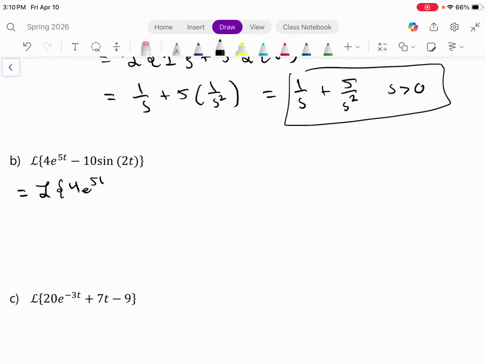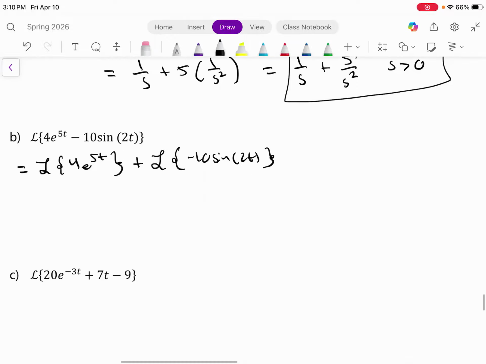So 4 e to the 5t, plus the Laplace of negative 10 sine of 2t. Our linearity property lets us take out the constant. So 4 times the Laplace of e to the 5t, minus 10 times the Laplace of sine of 2t.